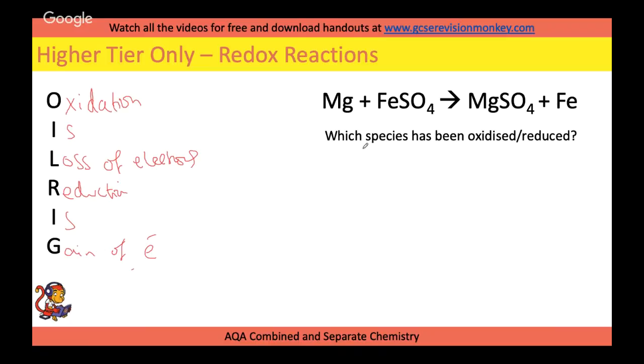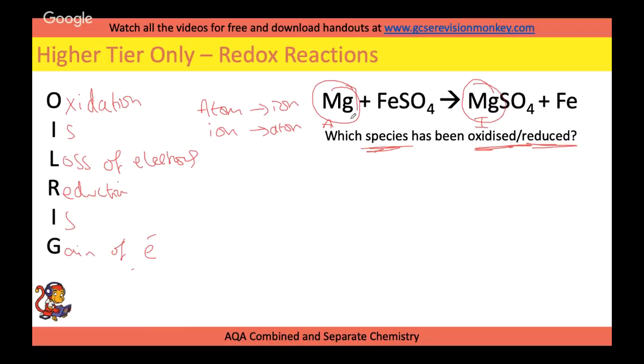So they might say which species has been oxidized or which species has been reduced. So what you're really looking for is anything that's turned from an atom into an ion, or anything that's turned from an ion into an atom. So as you can see on this side, the magnesium has turned from an atom here, and when it's bonded, it's now an ion.